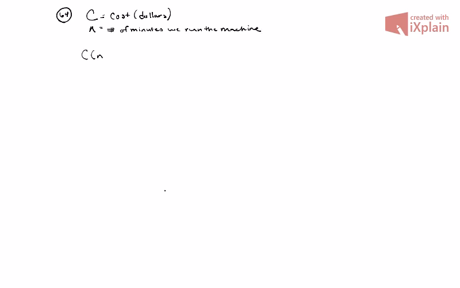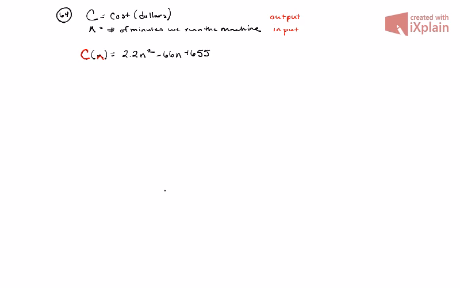You are also given the function C of N is equal to 2.2 N squared minus 66N plus 655. Note here, the input, or the values that we would put into the function, are going to be your number of minutes. The output that we're going to get is going to be the cost.